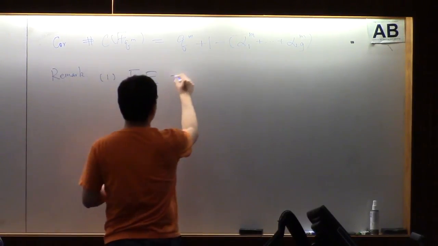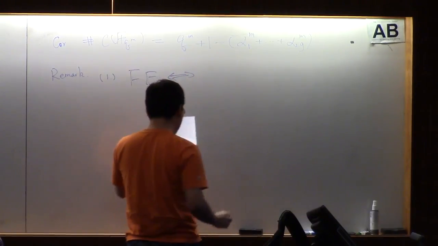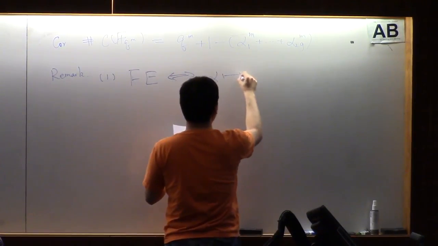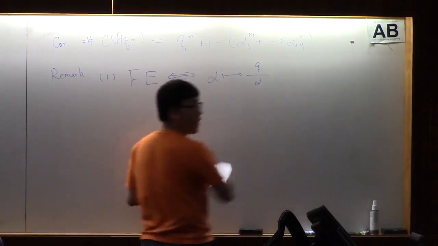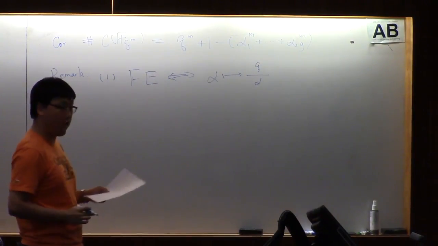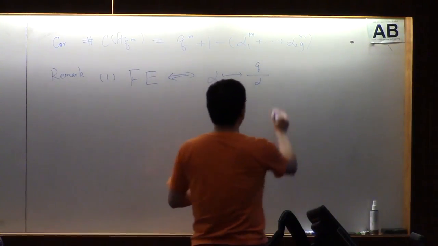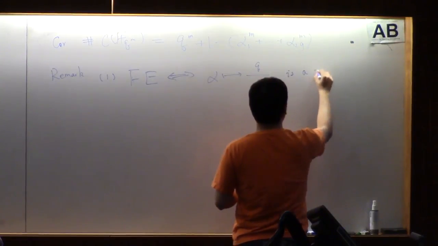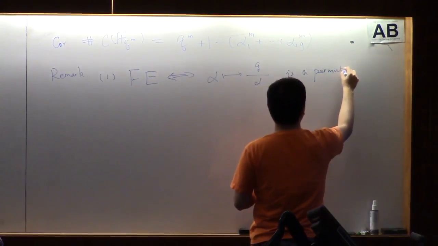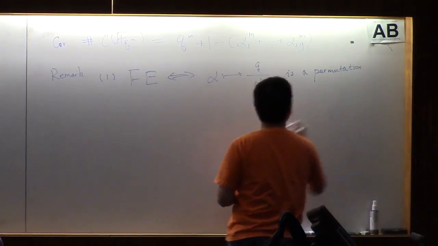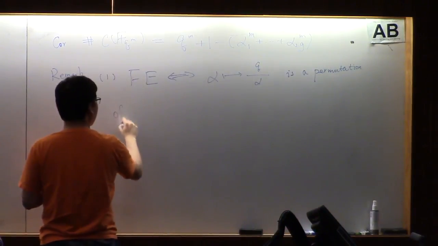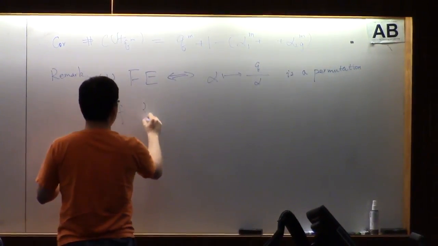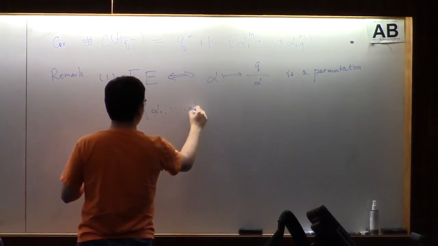It is equivalent to saying that for this alpha, you consider the map that sends a complex number alpha to q over alpha. This is a permutation of the set of the alpha i.